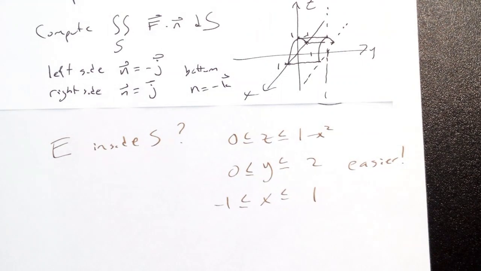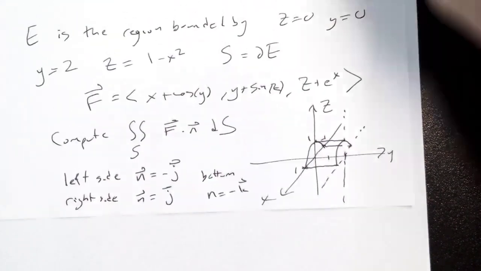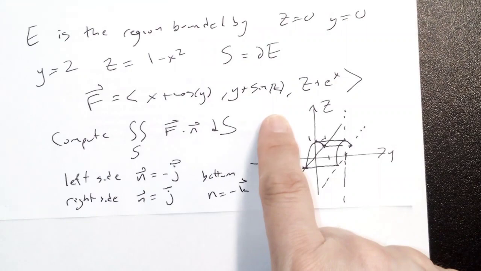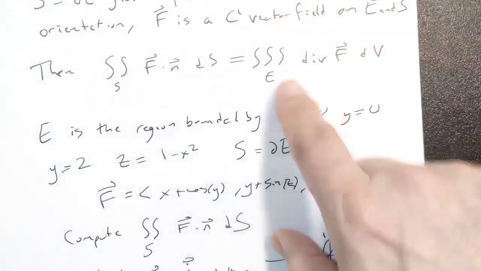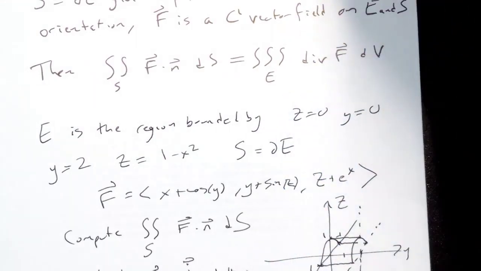Okay, according to the divergence theorem, instead of trying to do this vector field dot each of these different normal vectors, I can do the divergence on the whole thing.